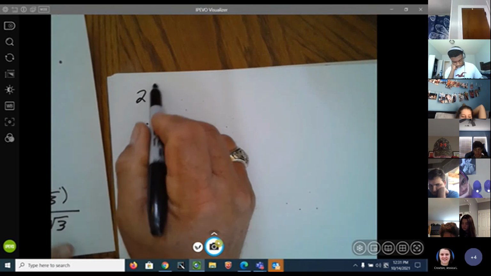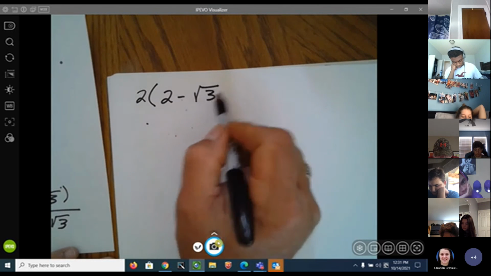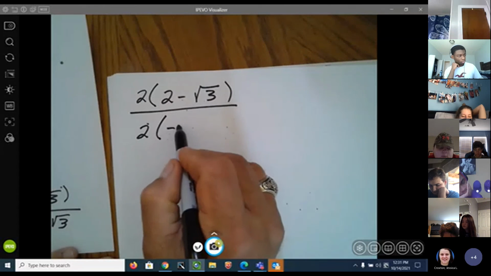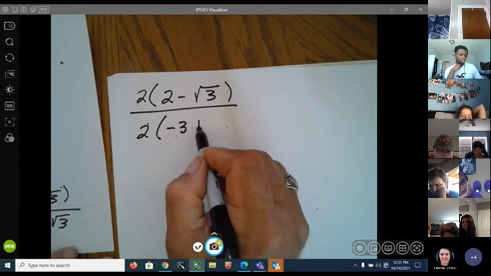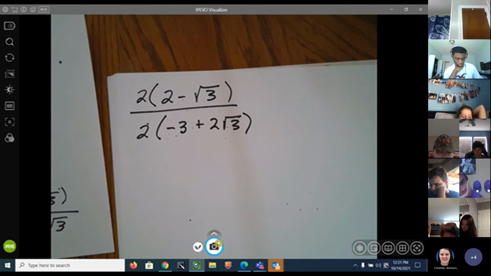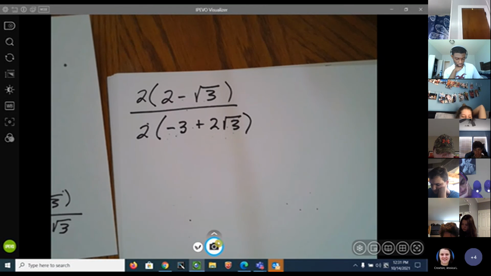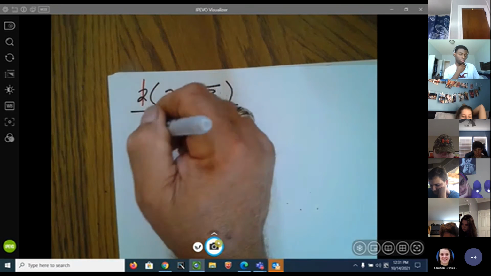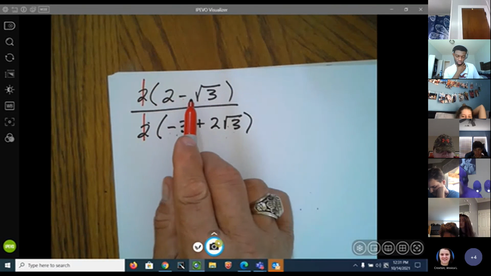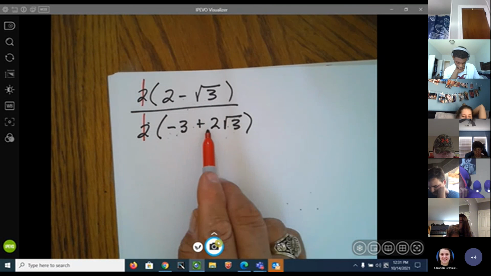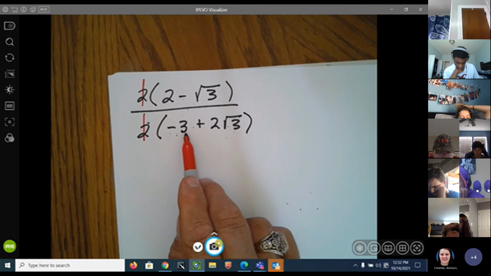So we've got 2 times 2 minus square root of 3 over 2 times negative 3 plus 2 square root of 3, and that 2 factors out. And that leaves 2 minus square root of 3 over 2 square root of 3 minus 3.